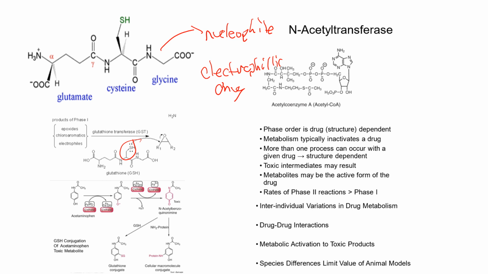You can see it here attacking this epoxide at one of the carbons to make it tetrahedral, which that's not super important, but just know that carbon, since it has that oxygen on it, the oxygen is pulling away that carbon's electrons. Sulfur has a lot of electrons to give, so that's why this will act as a nucleophile. A nucleophile is something that has a lot of electrons that wants to merge with something without a lot of electrons.